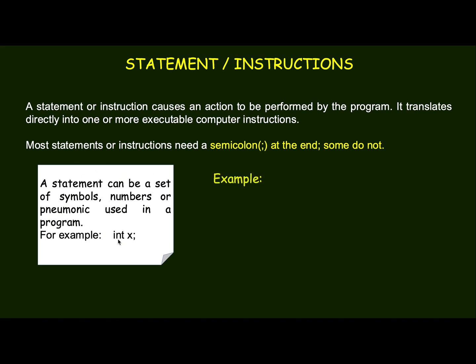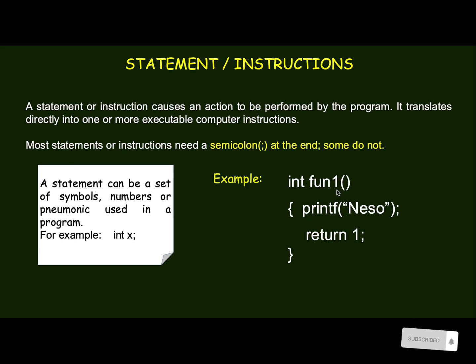Let's take an example again. This example is a brief one, and I'll take you through it. We are giving a specific instruction to the machine, or to the program, to perform for you. As you have declared this as an integer function, you are telling the machine to print the function, which ends with a semicolon.